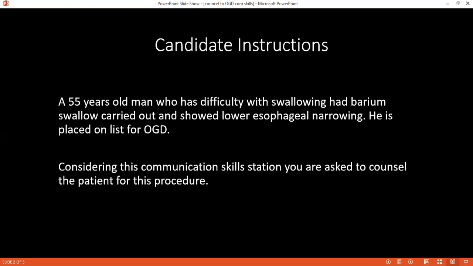It is prevented from going down, so it accumulates and comes up to your mouth, and that's why you keep salivating. But you don't have to worry about this, because we are going to dilate this area, and then you'll have some relief. What do you think, doctor? Do I have cancer?